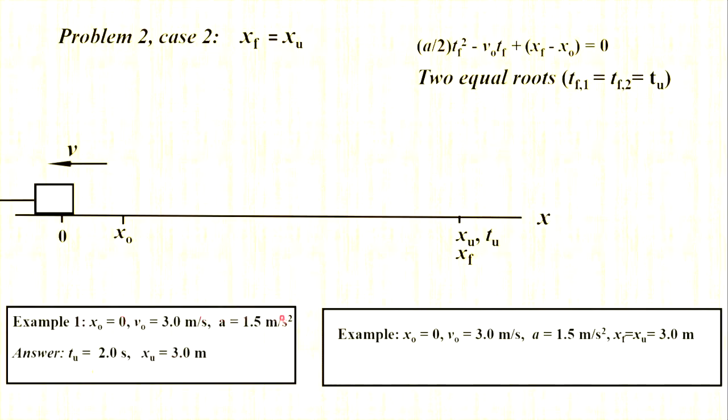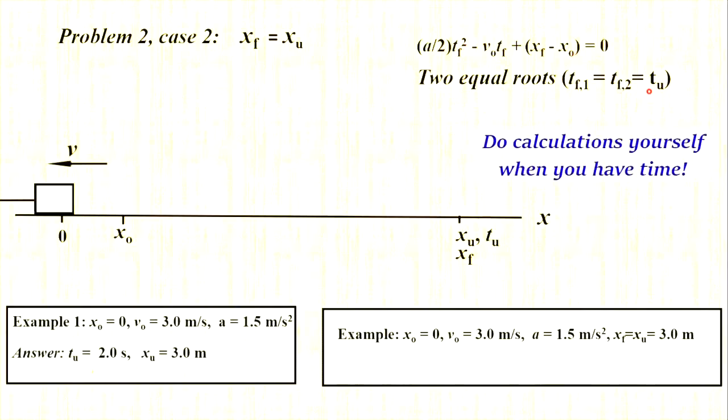We take three initial conditions, the same as in example 1 for problem 1, and we add the location of the point of interest at the U-turn point, namely at 3.0 meters. So if we use these numbers in these equations, then we will see that this equation has two equal roots equal to tu. You see here the answer is 2.0 seconds. It coincides with the answer we got previously.